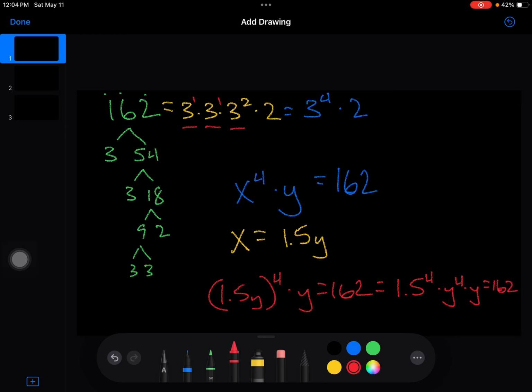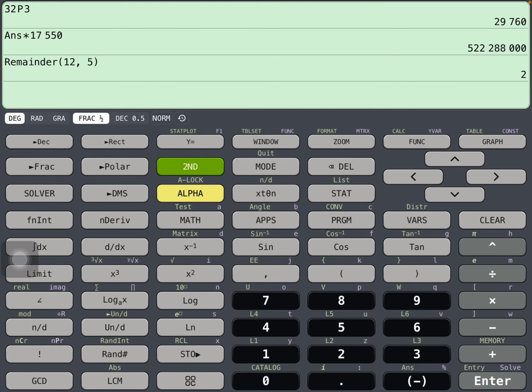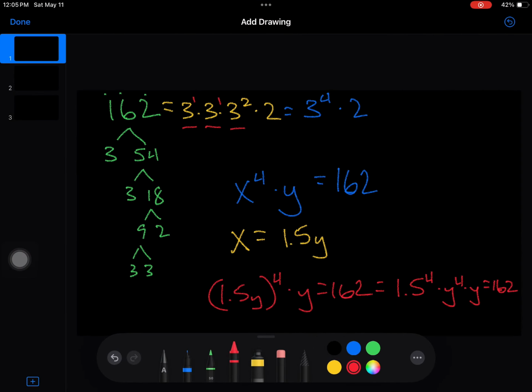And that's where a calculator sure does come in handy. Just a moment, I've got a calculator here. 1.5 raised to the 4th is 81 over 16.